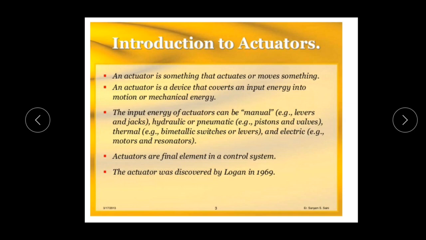The input energy of an actuator can be manual, for example levers and shafts, or can be hydraulic or pneumatic, for example pistons and valves, can be thermal, for example bimetallic switches and levers, and can be electric, for example motors and resonators.